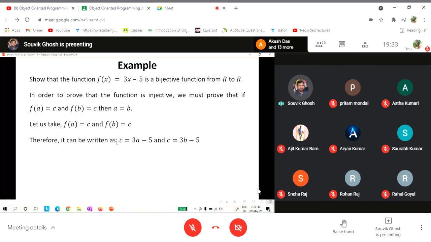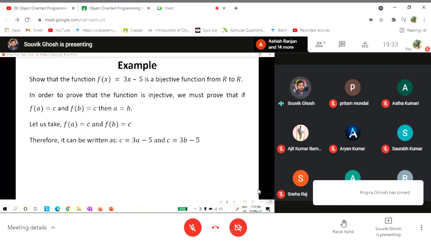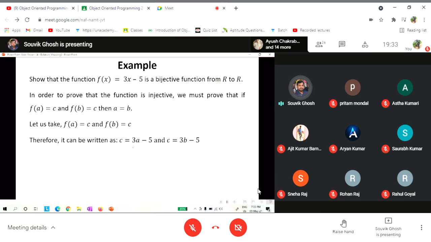So what is our f(a)? Our f(a) is 3a - 5, and f(b) is 3b - 5. So we are trying to say that 3a - 5 will be equal to 3b - 5.